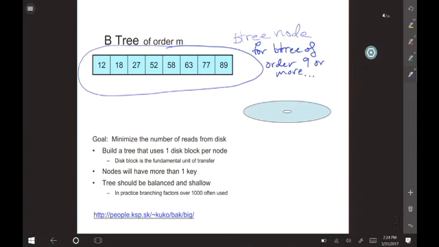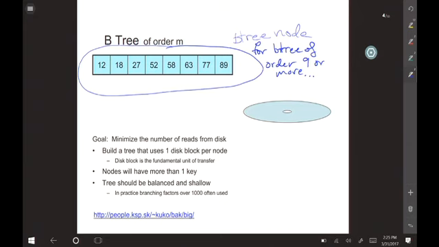Okay, so now what's implied by this is that we are going to do disk seeks, and every disk seek is going to bring us a node in our tree. But now this time our node contains more data.